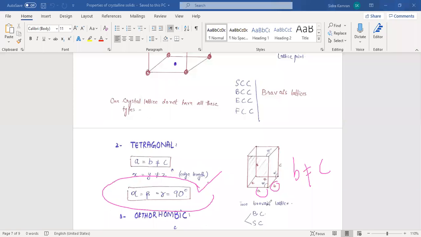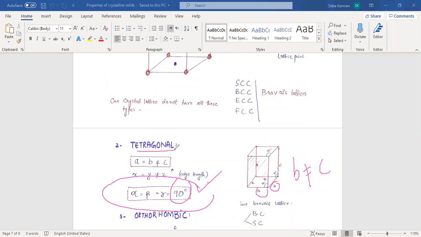All the angles between them, alpha, beta and gamma, are equal to 90 degrees. Here you can see 90, 90, 90 degrees. All the angles are 90 degrees, but lengths A and B are equal, and B and C are not equal in tetragonal.